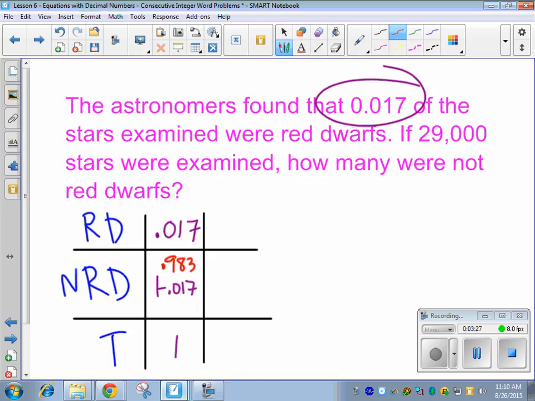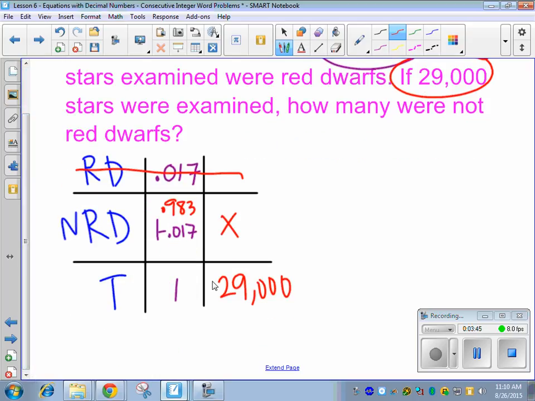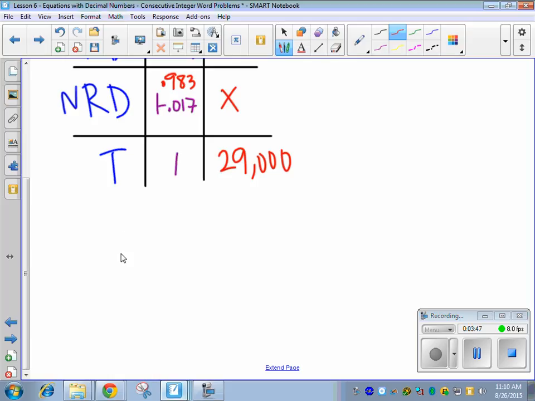Then it says 29,000 stars were examined. That goes under total. How many were not red dwarfs? So our variable goes in the not red dwarfs box. Cross off the top. We're going to cross multiply this times this, and I'm going to use the 0.983 because that's already done for me.